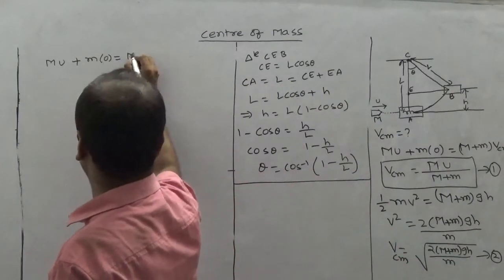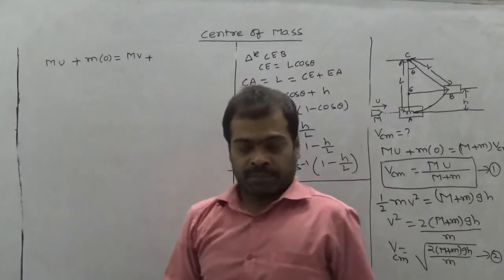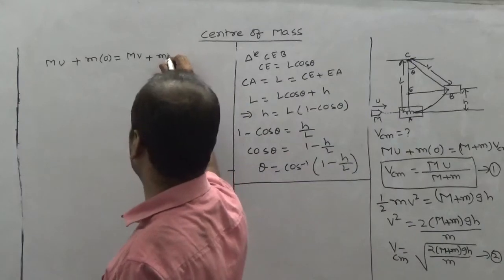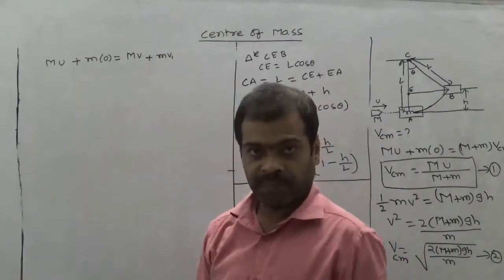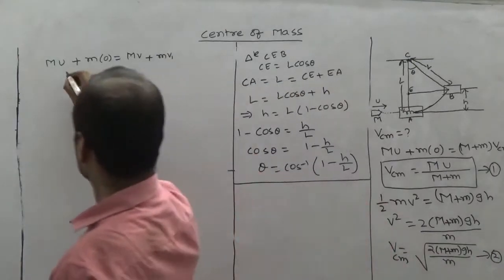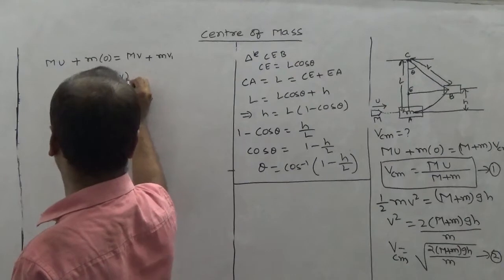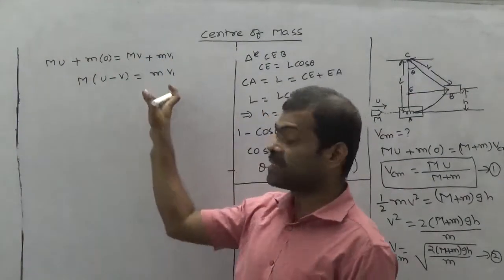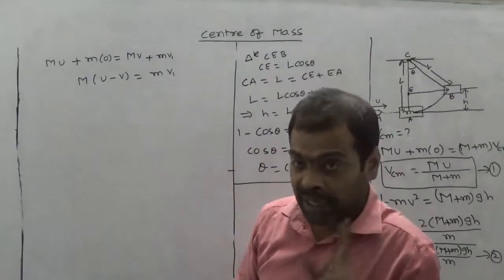So I can write m into v. And after collision, the block is moving with a velocity v1. So I can write capital M times (u minus v) is equal to small m into v1, where v1 is the velocity of the block and v is the velocity of the bullet.